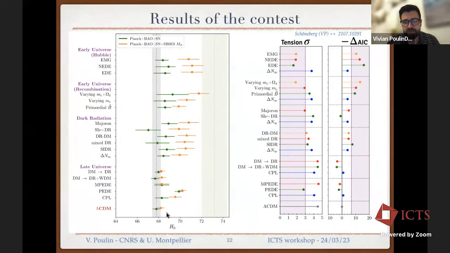And what you can see, as I said, late universe models, none of the models can do much at all. When you look at the tension reduction, this column, all of the late universe models still lead to tensions that are well above 3 sigma.